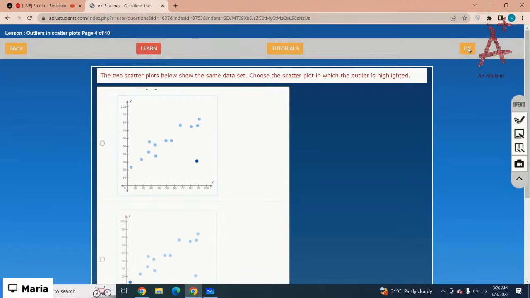Okay, the two scatter plots below show the same data set. Choose the scatter plot in which the outlier is highlighted. So which is the correct option, 1 or 2? Option number 1 is the correct option.